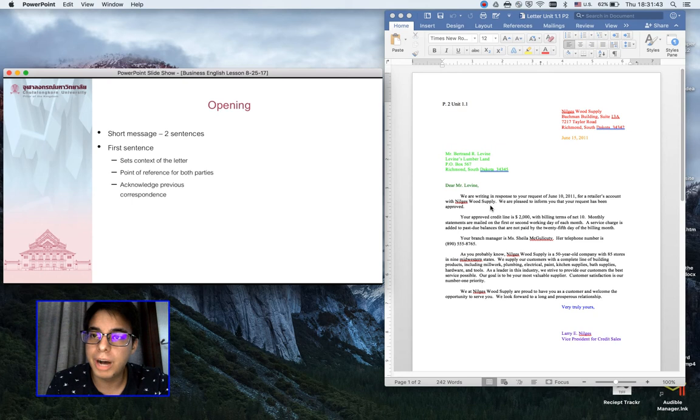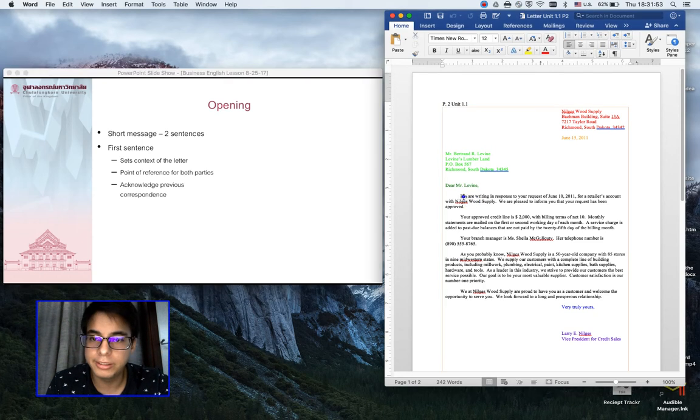So I have the example which was used in Unit 1.1 on page 2. If we take a look over here, this is the opening sentence which follows this method. We are writing in response to your request, June 10th, 2011, for a retail account with Nigel's Wood Supply.